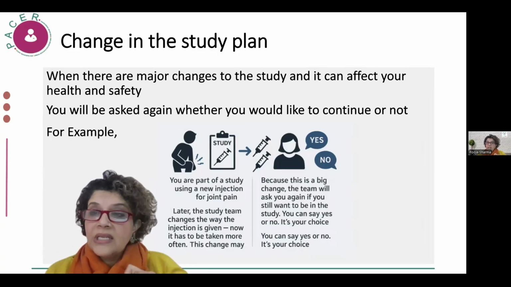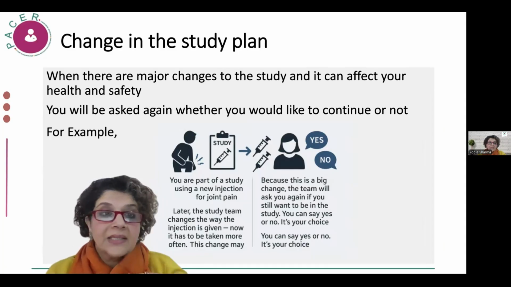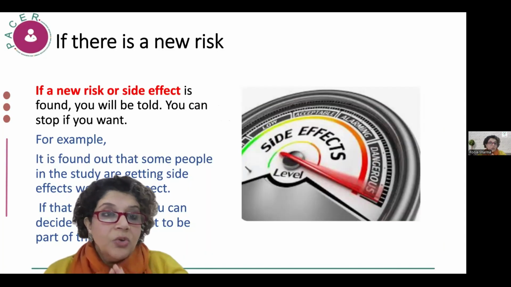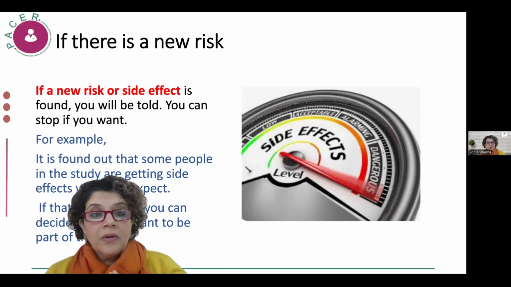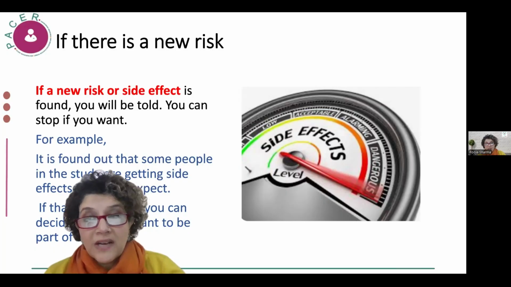The research coordinators and the investigators have to again take consent. If a new risk or side effect is found, you can stop the study. That is why they ask you again. Some people are getting side effects which we did not share with you.